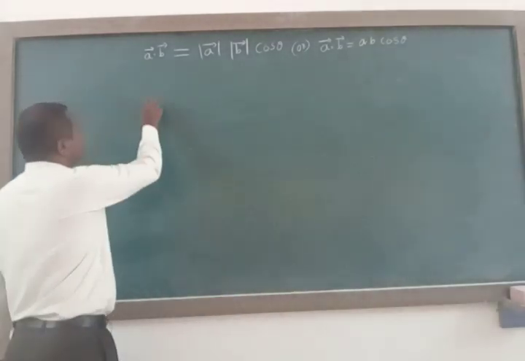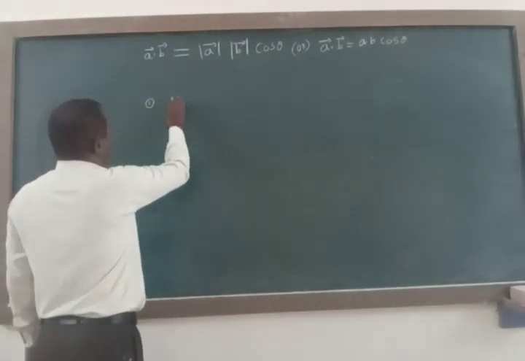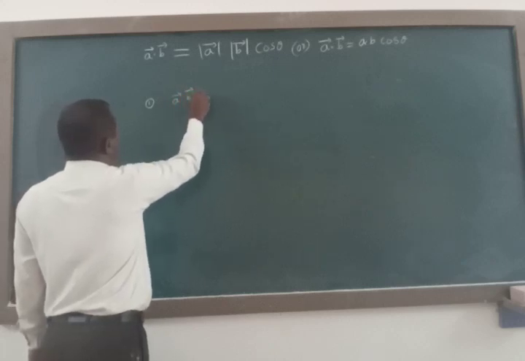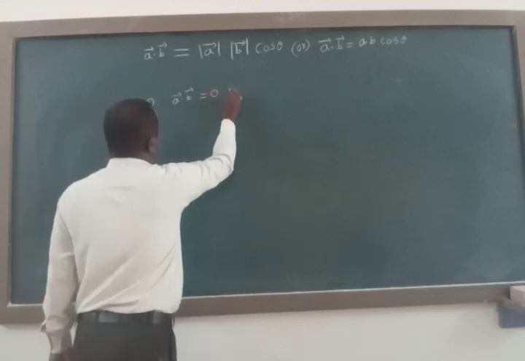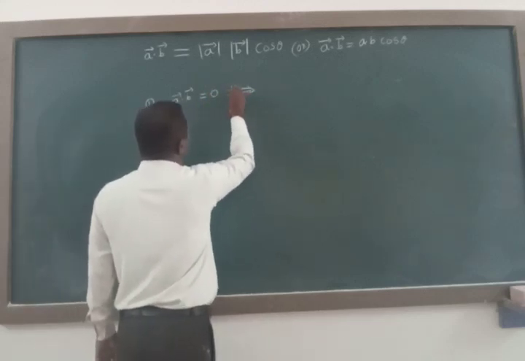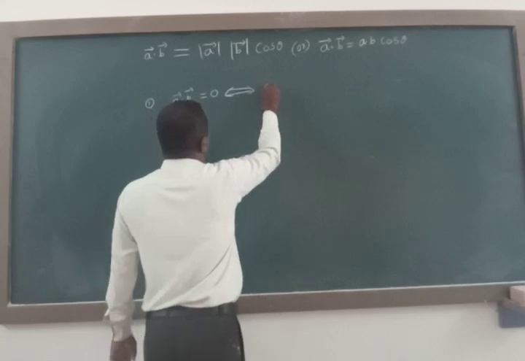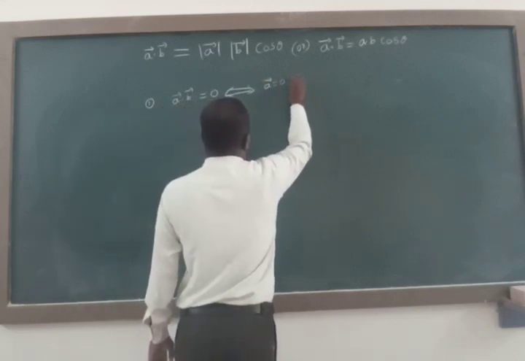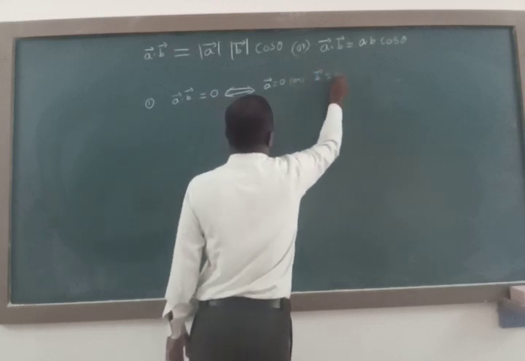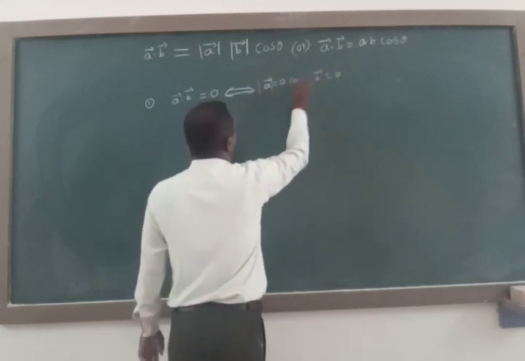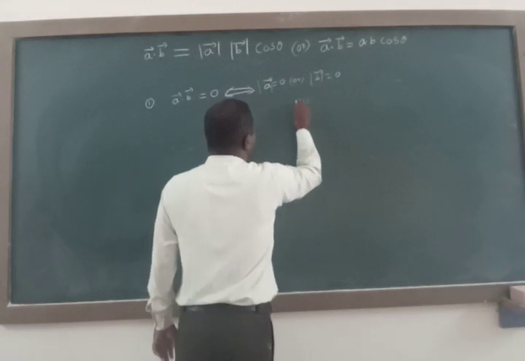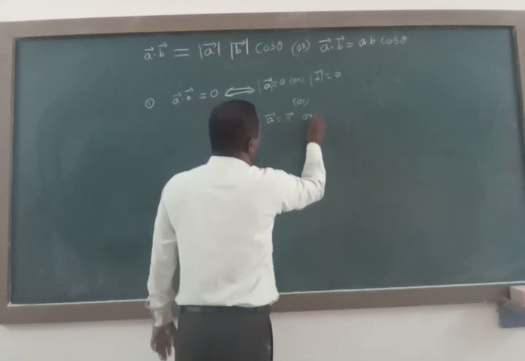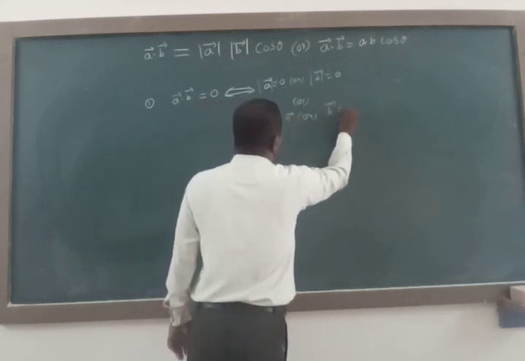First point: A bar dot B bar is equal to 0 if and only if the magnitude of A bar is equal to 0 or the magnitude of B bar is equal to 0, or A bar is equal to the null vector or B bar is equal to the null vector.